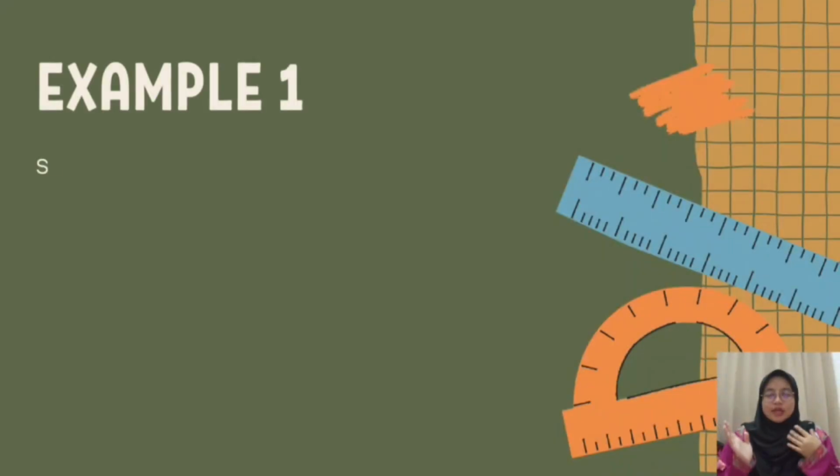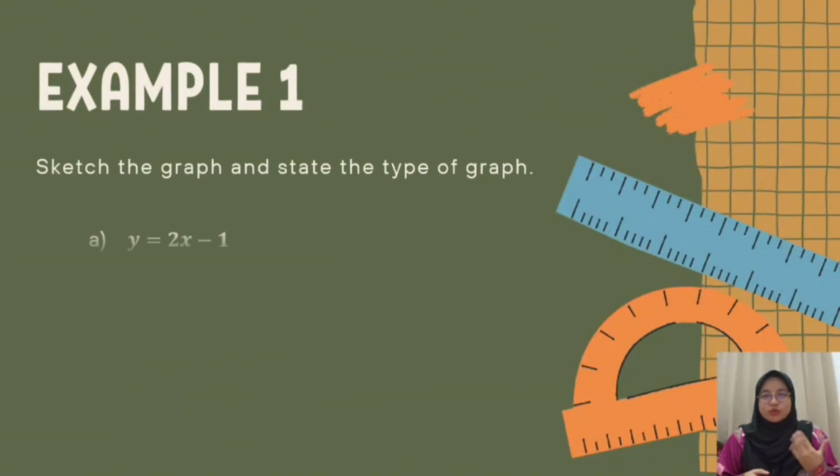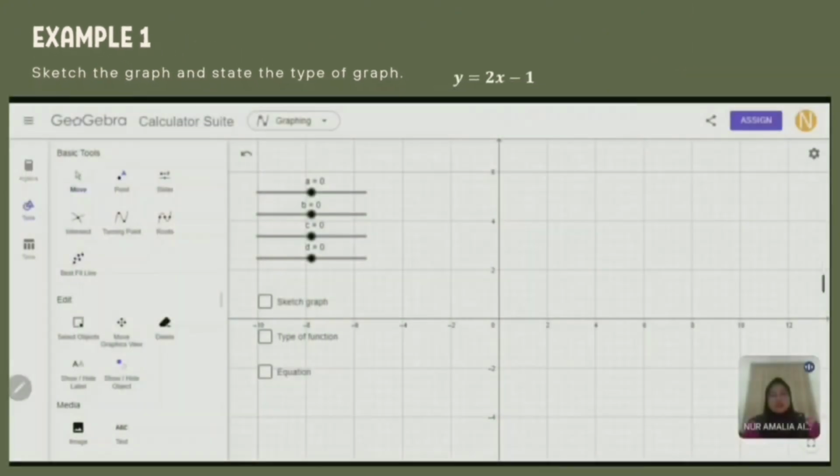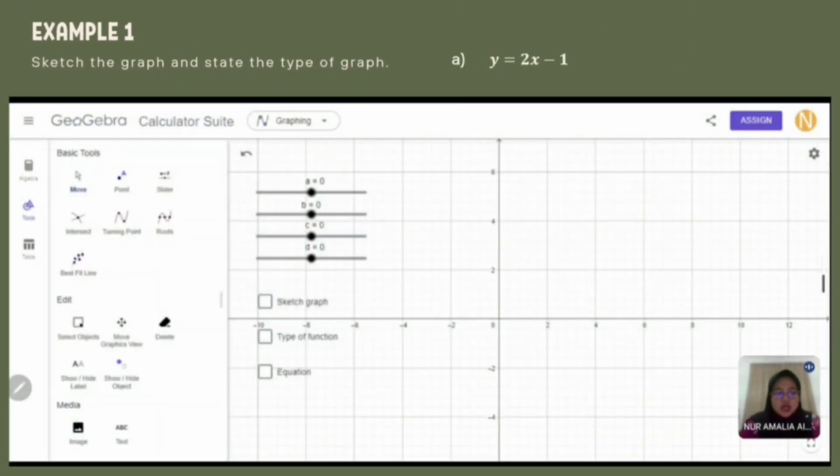Here are some examples and we will be using GeoGebra to solve them. The first question asks you to find 2x minus 1 and the type of graph. A is for the x cubed, B is for the x squared, so we only move C and D. Move here 2x and minus 1.